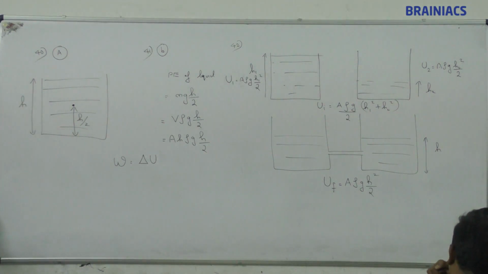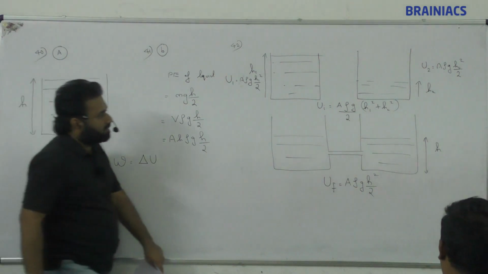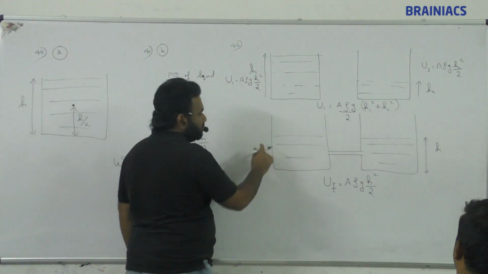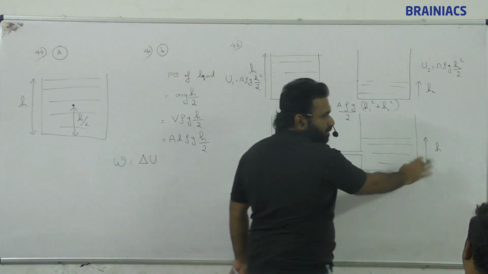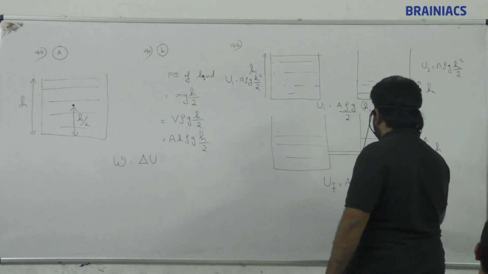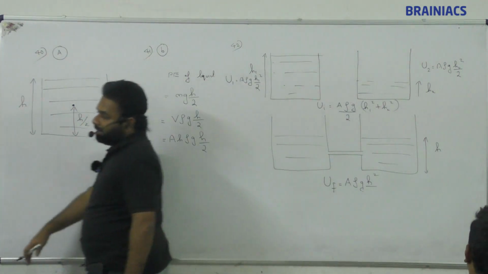Please try. Here one more thing is there. We need to consider both the heights. So this height also we need to consider, this height also we need to consider. So this is h square, that's it. Adding them.